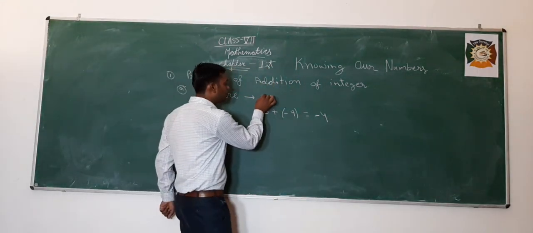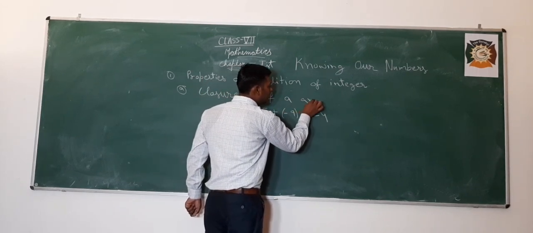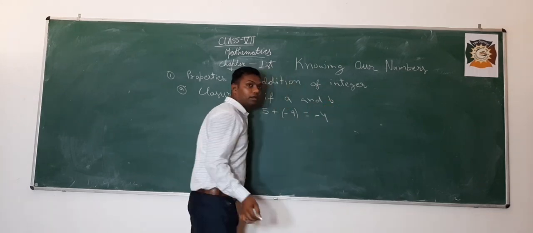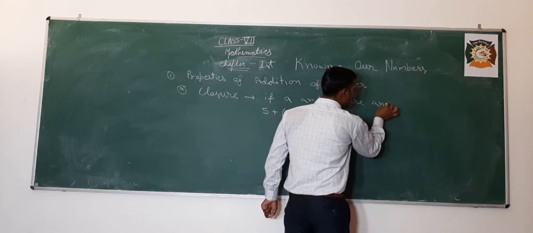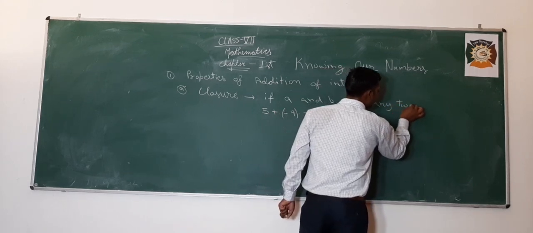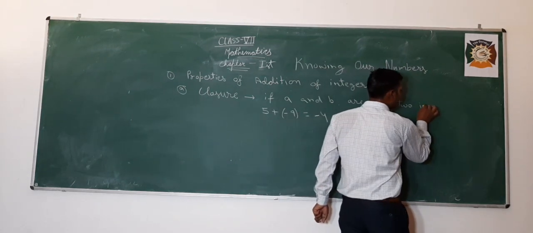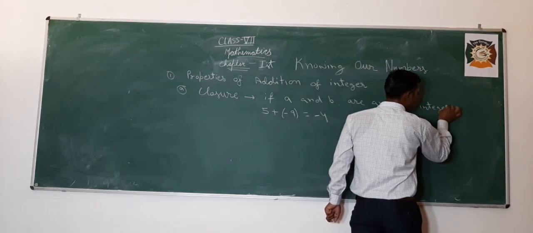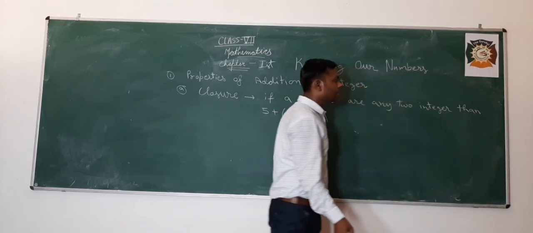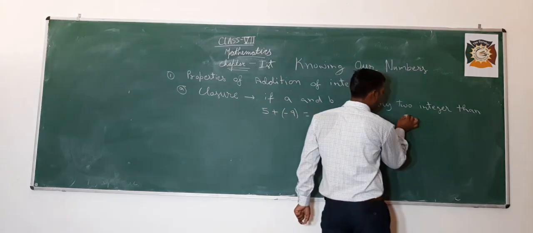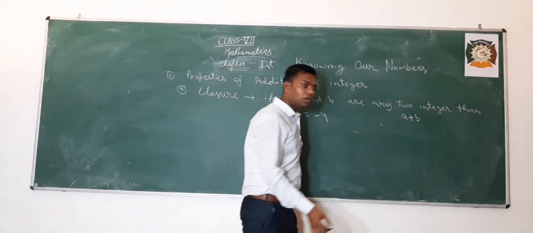And what does the closure property say? If a and b are any two integers, then a plus b is also an integer.